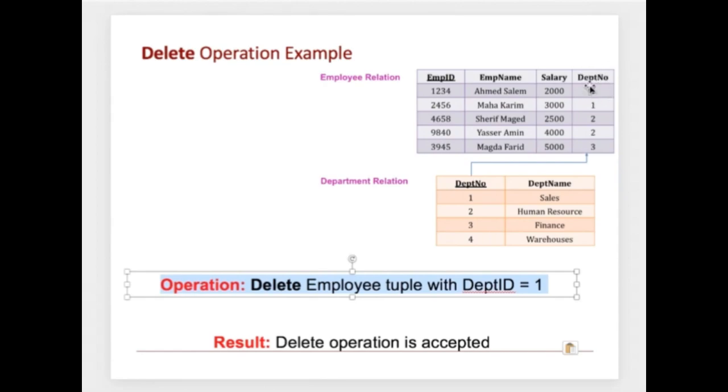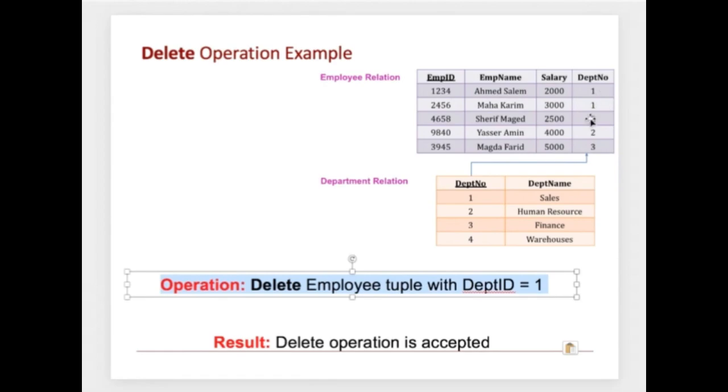If you are deleting a record from the child table, we do not make a check into its parent table. But if you are deleting it from the parent table, it is always checked back into its child table. So if you are deleting one from here, you are deleting it from parent. So this record cannot exist now. When it is not existing here, then it cannot exist in its child table.